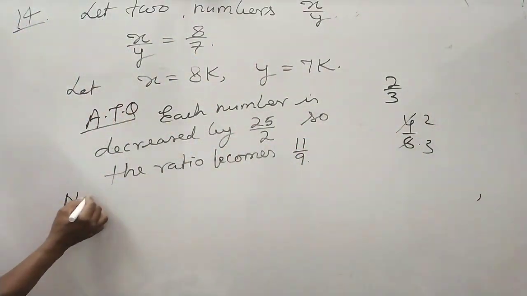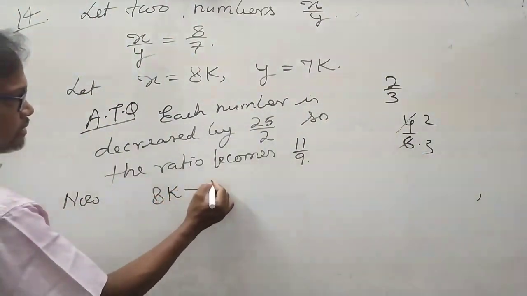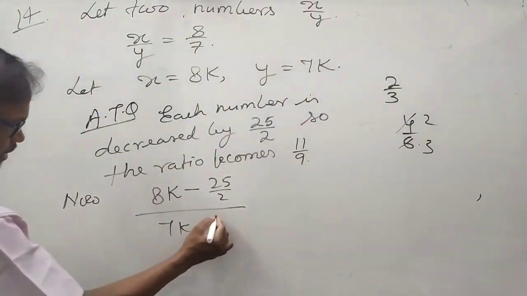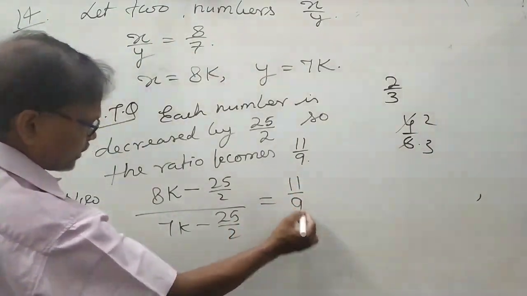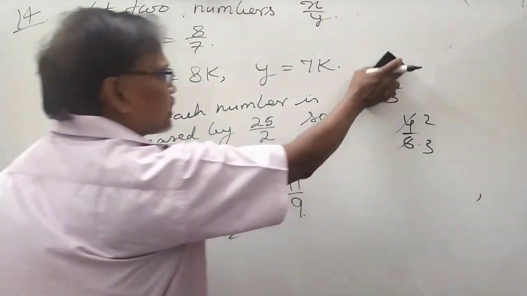Now the first number is 8k minus 25/2, and the second number is 7k minus 25/2, and the ratio is now 11/9. Simplify it and you will find the value of k.